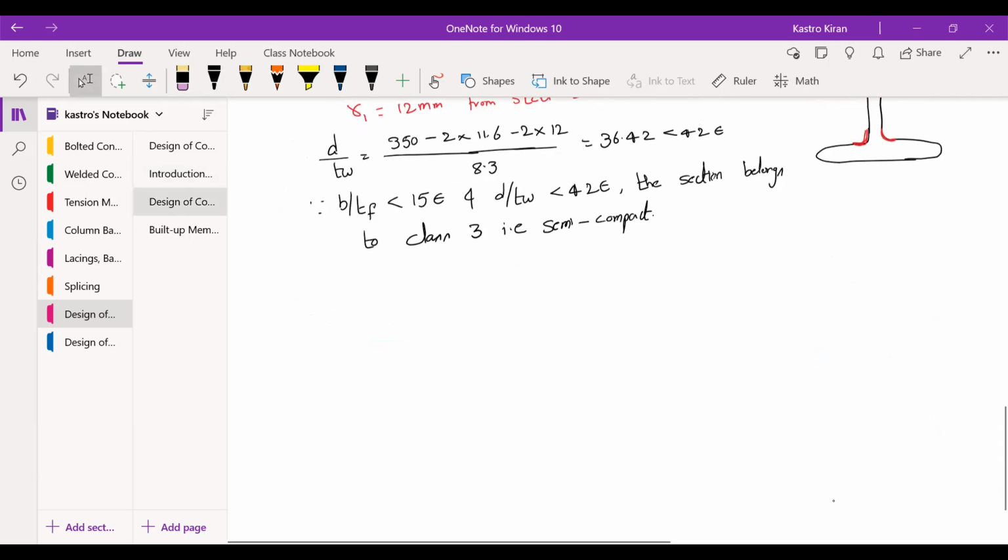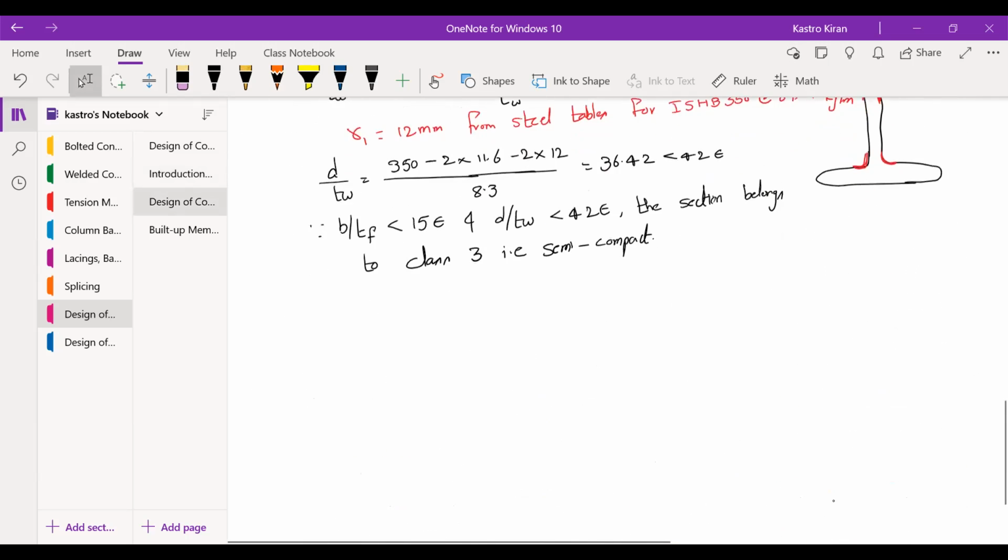So let's write the next step, that is step 4. Design strength, that is Pd. So Pd equals Ae into fcd. What is Ae? It is the effective area.